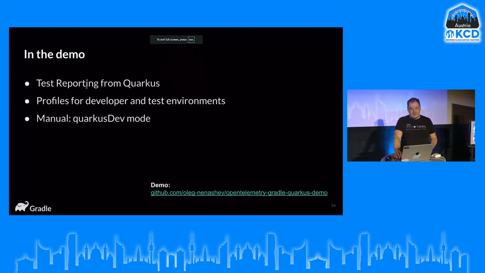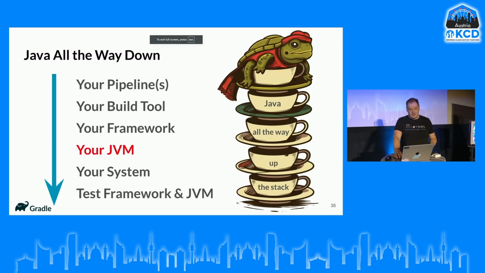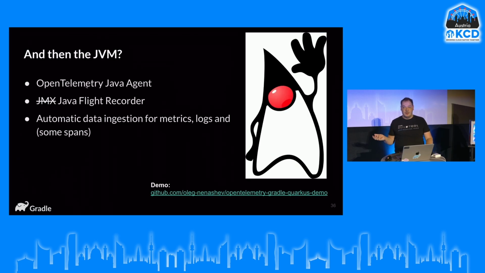Still, it doesn't give you full observability because there are more levels, like the JVM system. I do not want to spend much of your time there because for JVM, there is Java Flight Recorder, which for modern versions of Java actually provides all the observability that you just need to connect.